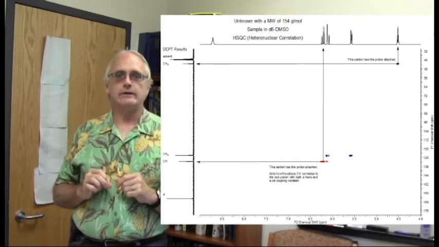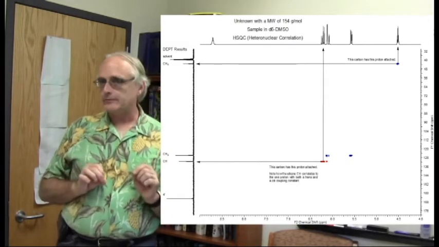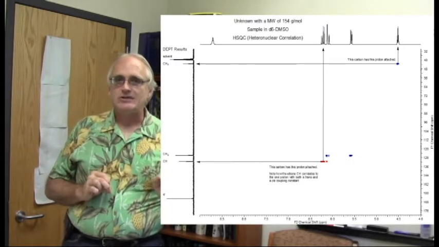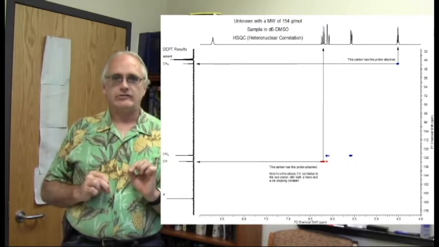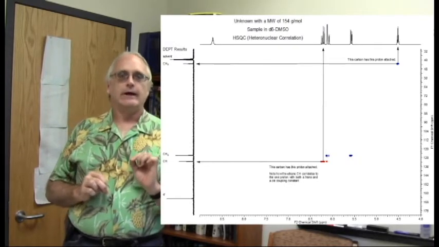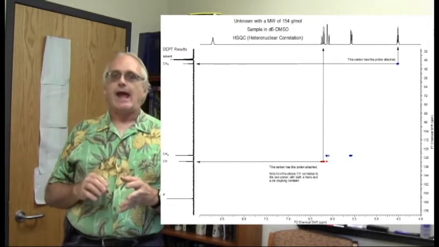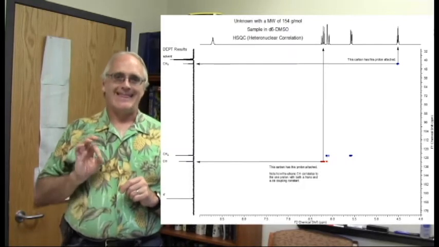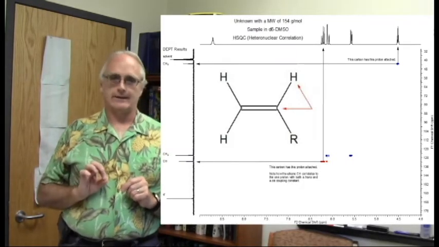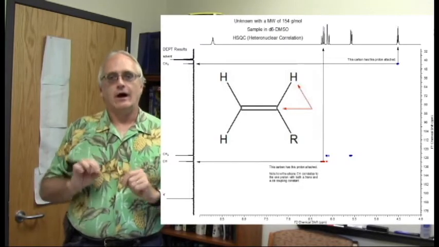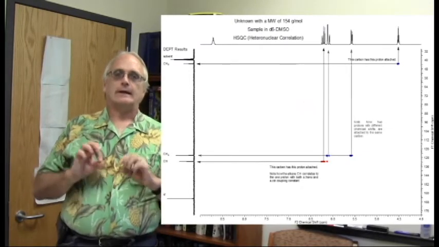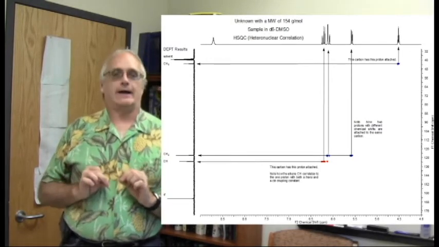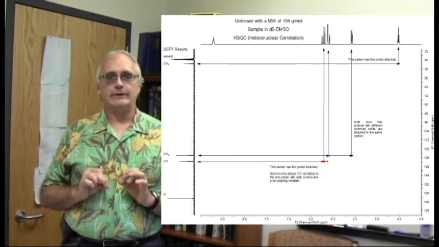I want you to notice here the DEPT results that we've also drawn in, because that's really important. It shows that the alkene CH is attached to the one alkene proton that shows both the 17 Hertz and the 10 Hertz coupling constant. There's no doubt that we've identified this carbon, not the terminal alkene carbon, but the CH of the double bond. Then look at the other alkene carbon and notice carefully there is not one spot lined up with this carbon.